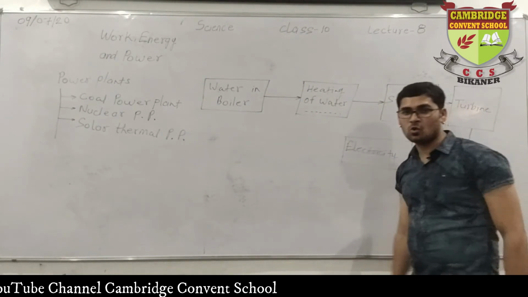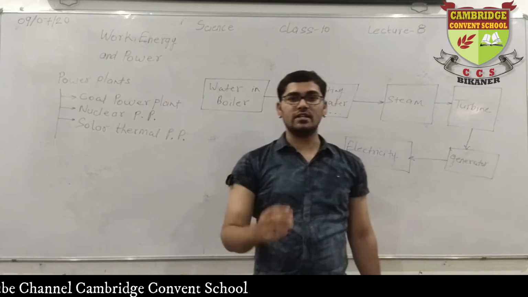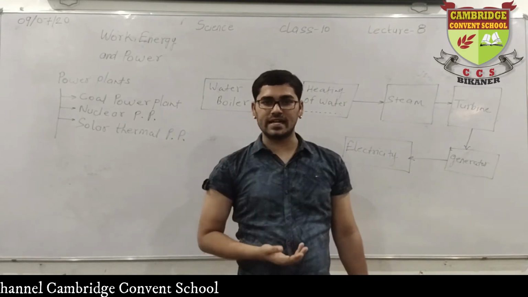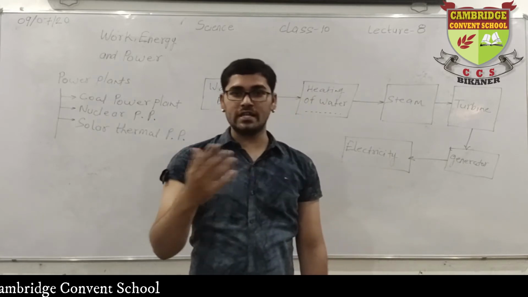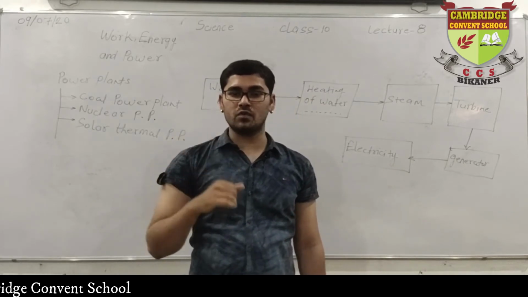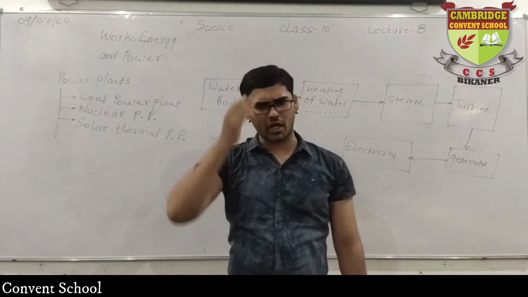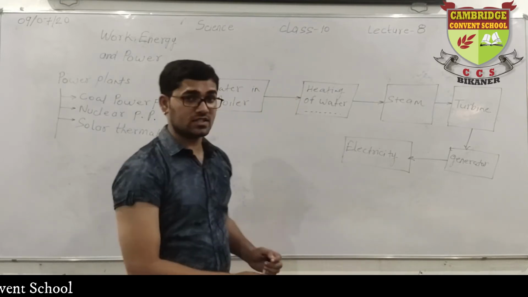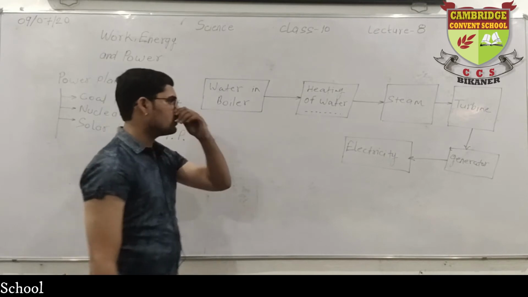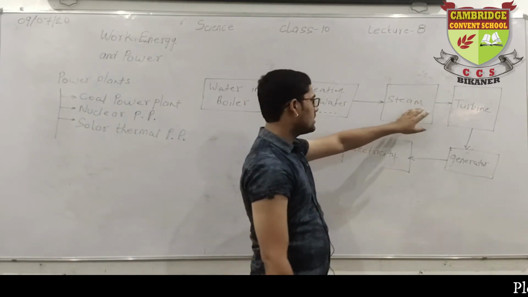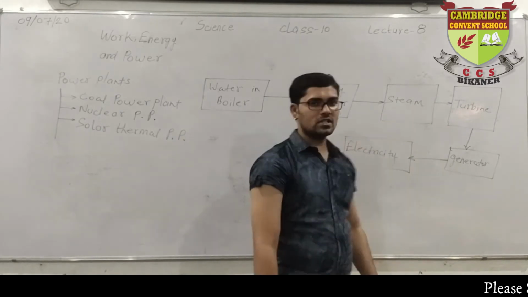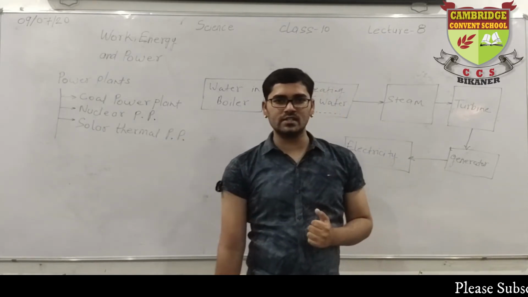And you must know that steam has a very big energy inside it. That is why in olden times our train engines also used to run with the help of steam. You cannot even imagine how much energy steam possesses. Very high pressure. This is steam, water in gaseous state.